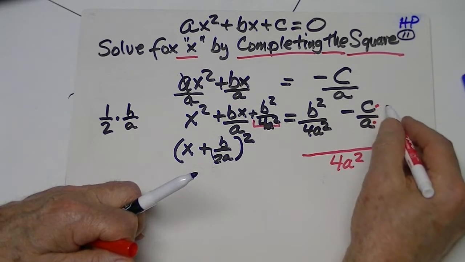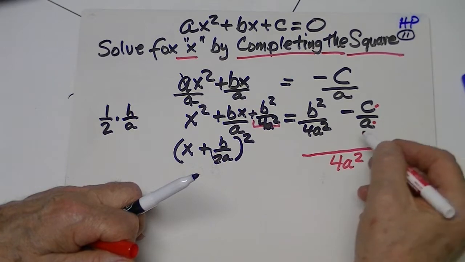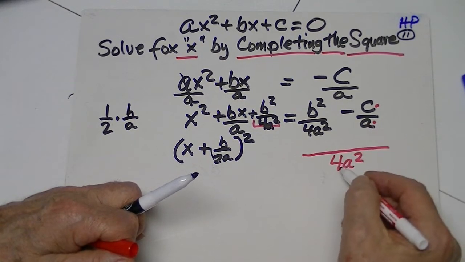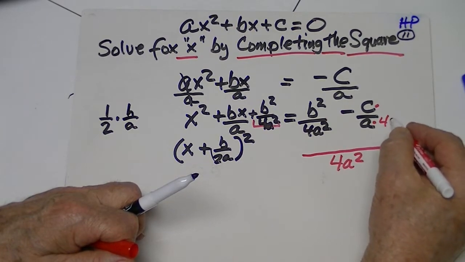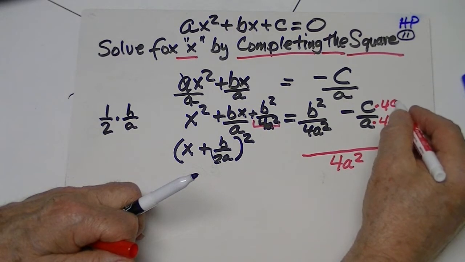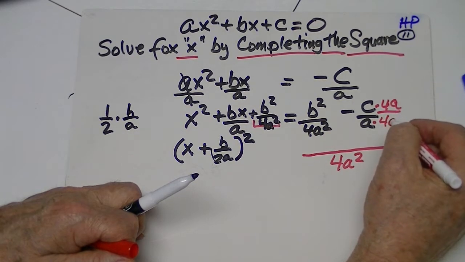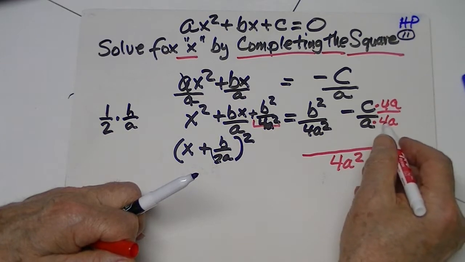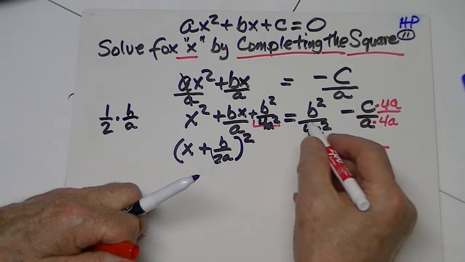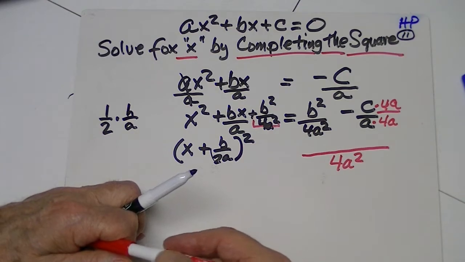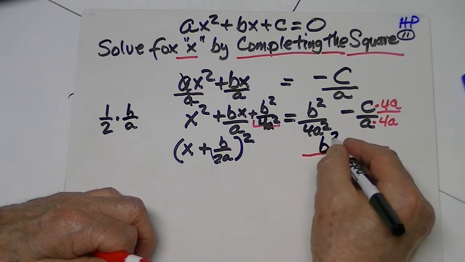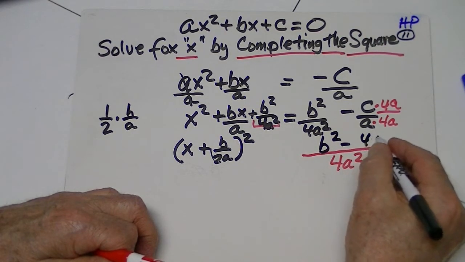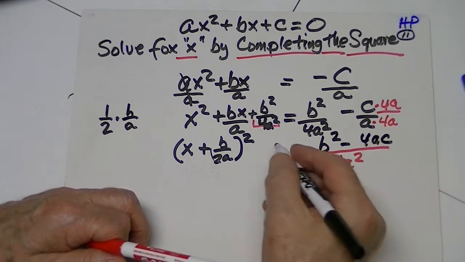Again, it's a form of 1 in which it will make the denominator 4a squared. Well, 4a. 4a over 4a is 1. And now this denominator becomes this. So we now have common denominators, so we can put them all over our common denominator. So there we are.